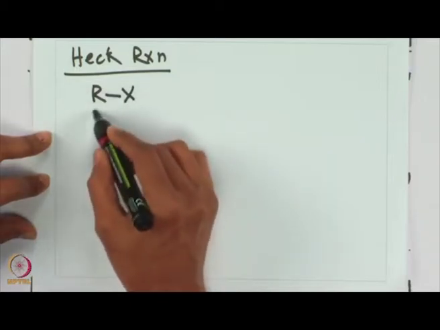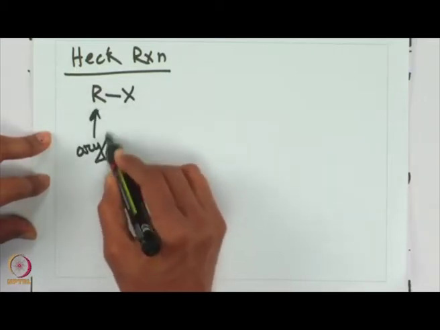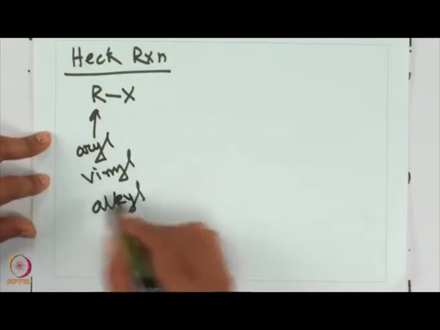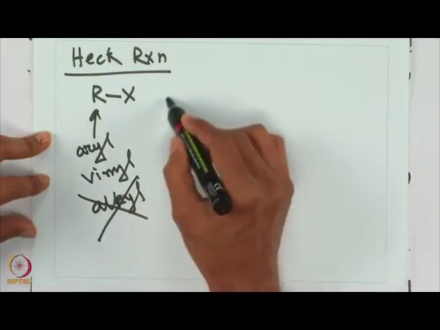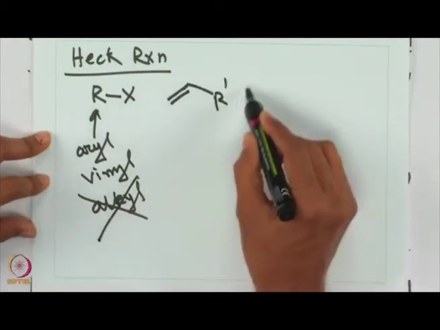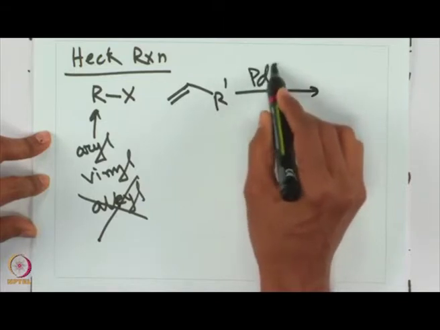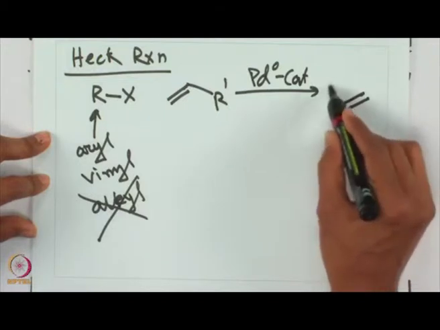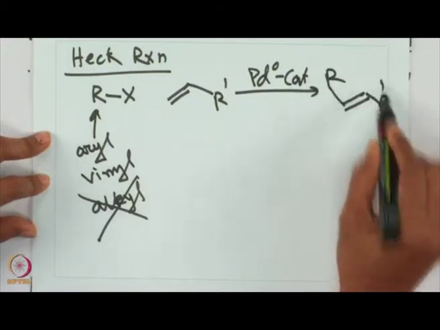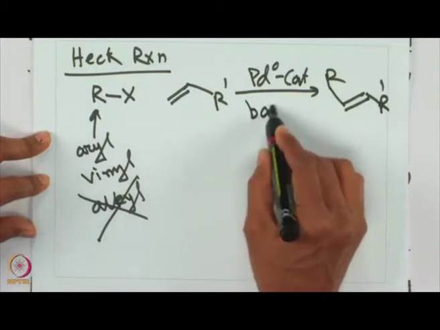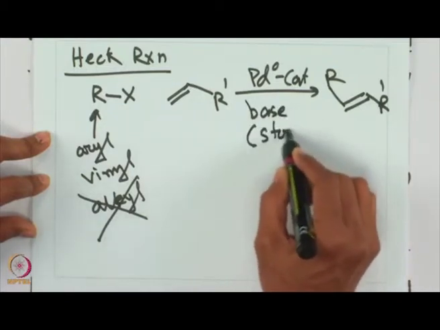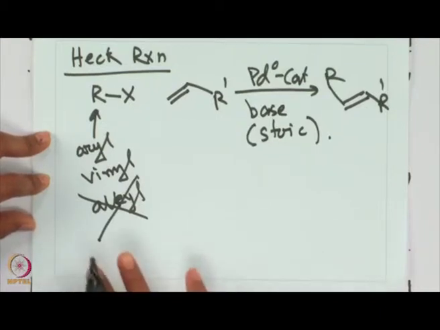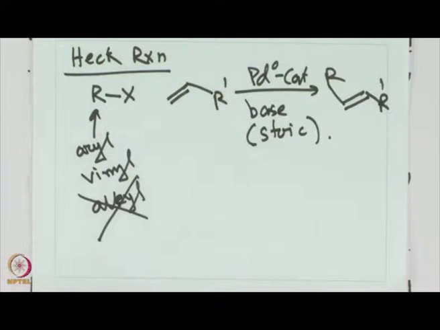This could be aryl and vinyl, or alkyl actually does not work, and it reacts with an olefin to give you the desired internal olefin. Usually it is an internal olefin that people are interested in or people do get. So you need base in stoichiometric equivalent. All that is a quite interesting reaction in its own right.